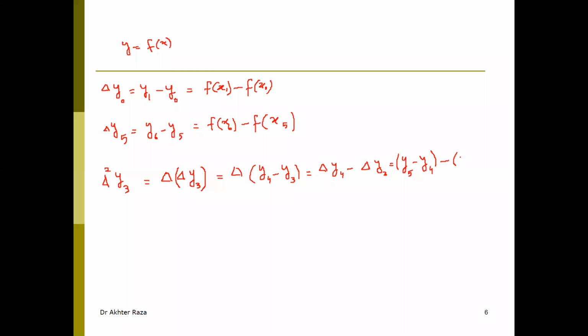Now delta y3 can be represented by y4 minus y3.